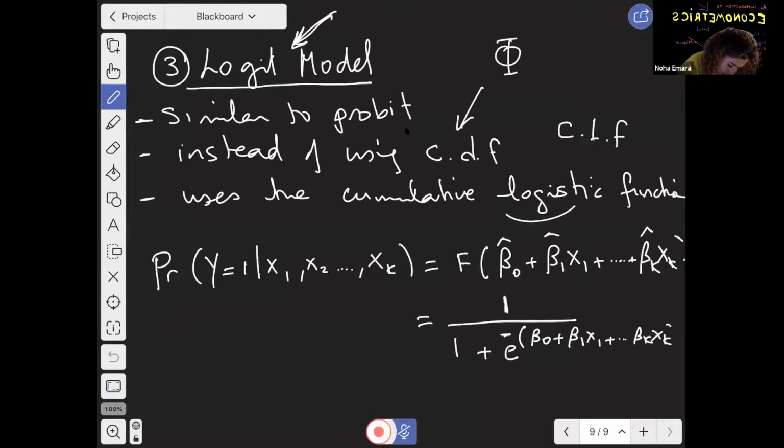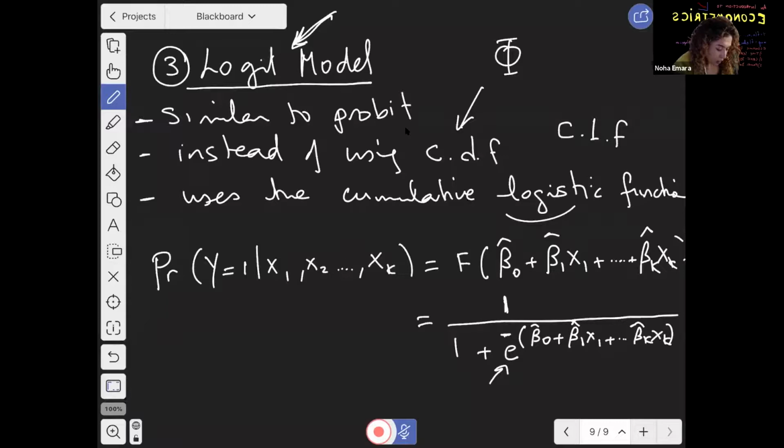All these have hats. And as you can see from this formula, I don't even need to use the table, right? I just need an exponential function. If I have my calculator, I can compute the logistic function because all I need to do is plug these values into an exponential function. And that's why people used to prefer this method because it doesn't require any complicated computations.